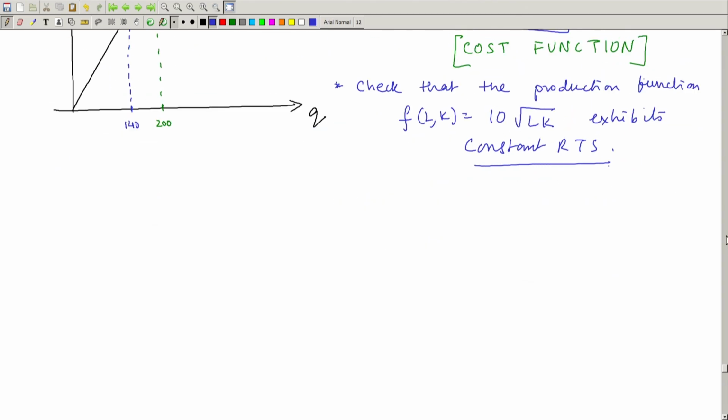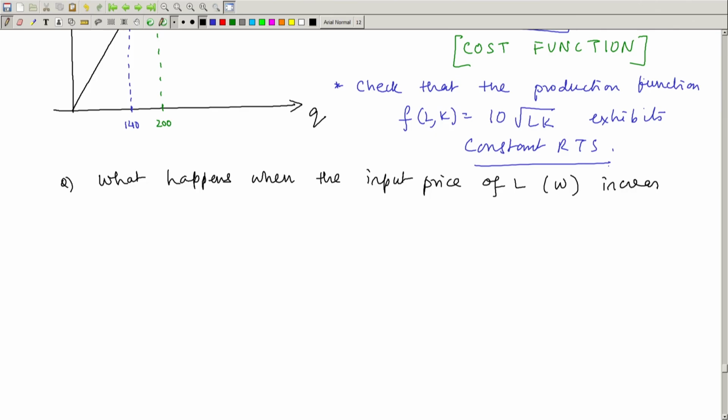Okay. Now, suppose the input price of labor had increased, what would happen? Let us check that. So, now suppose I want to address the case of what happens when the input price of labor, which is W, increases.